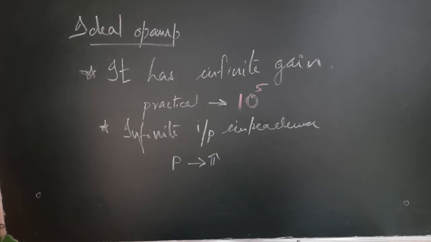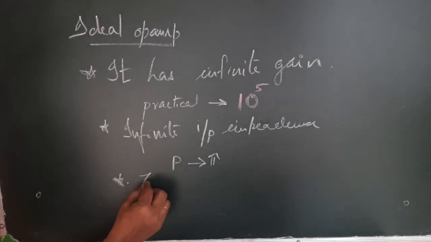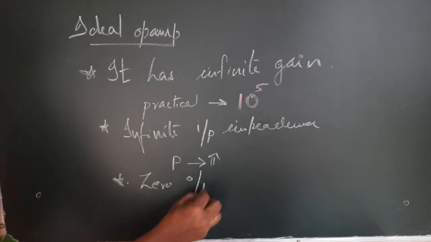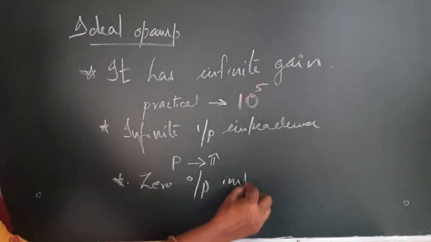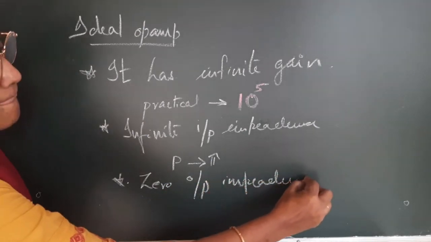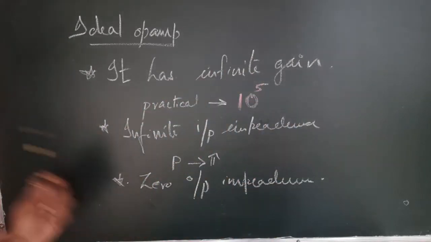Then the other property that you can assign is it has zero output impedance. This is also ideally.